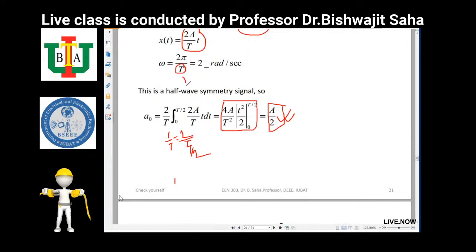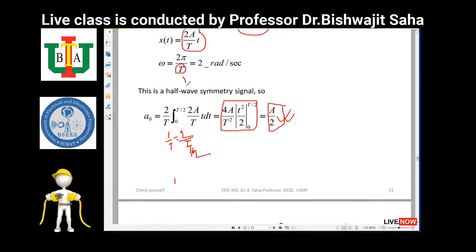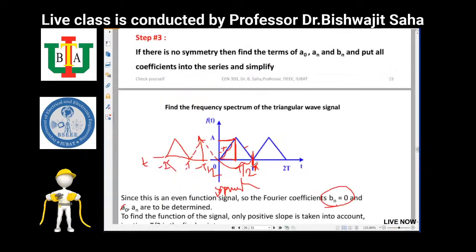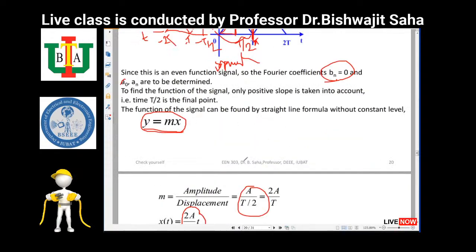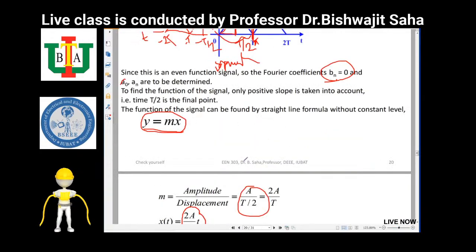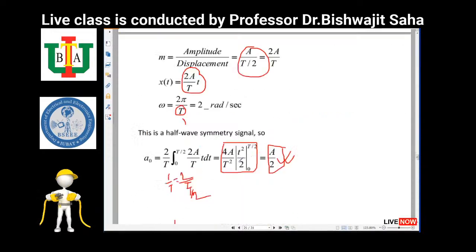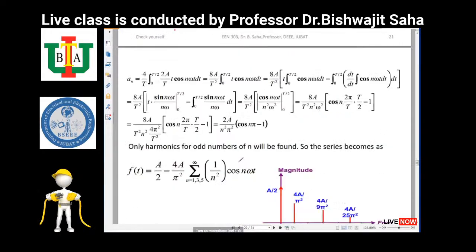But in case of sawtooth, their time difference can be changed, but in triangular wave shape, they are equidistant, so they will always be half. There is no doubt. All right, I suggest you solve that sawtooth wave with another time variable, like T equals 3. You can solve it at your home, okay? And let me know.